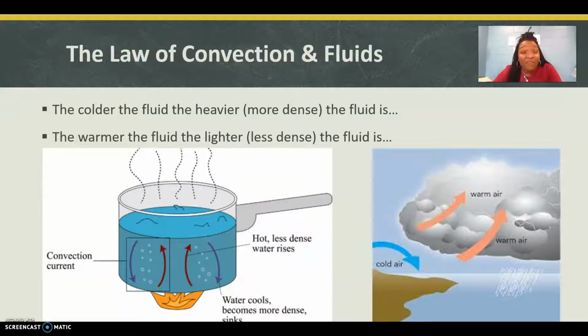So, the law of convection means that colder fluids are going to be heavier. Okay, they'll be heavier, so they'll go down, they'll fall, they'll sink. And warmer fluids are lighter, they're less dense, they're less heavy, and they will rise. And so when we're talking about the law of convection, we're talking about heat rising because it's lighter and cold sinking because it's heavier.